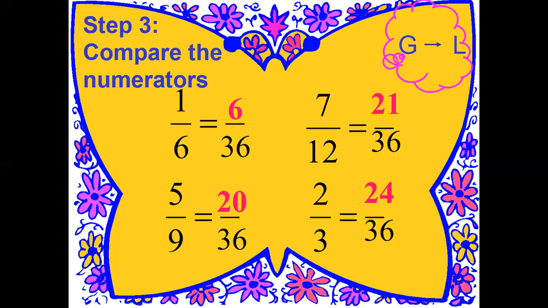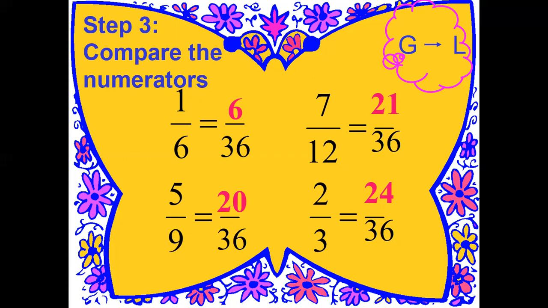No. Is 21 greater than 24? No. Is 24 greater than 20? Yes. But as seen, 24 would be the greatest number there. Then 21, then 20, and then 6.